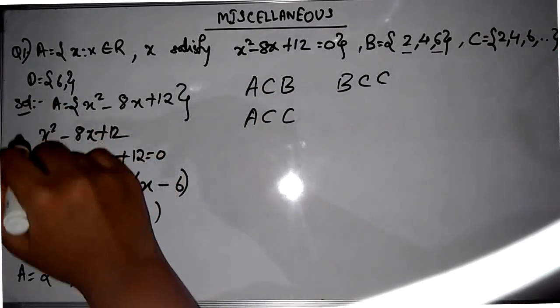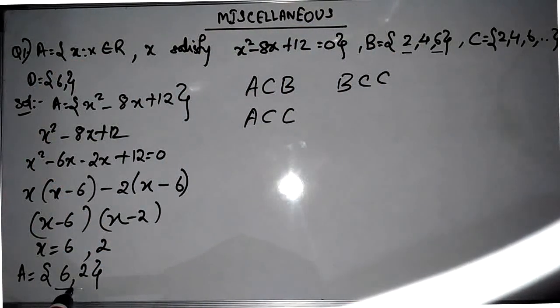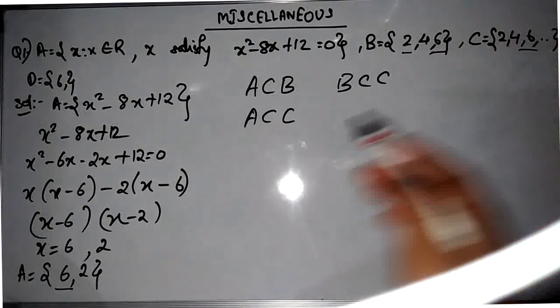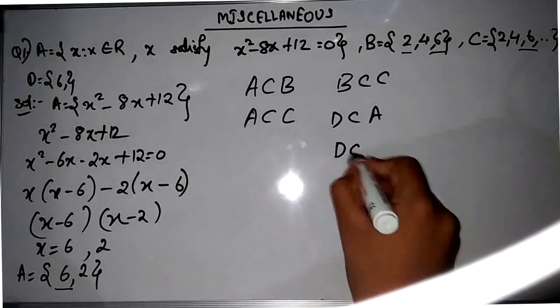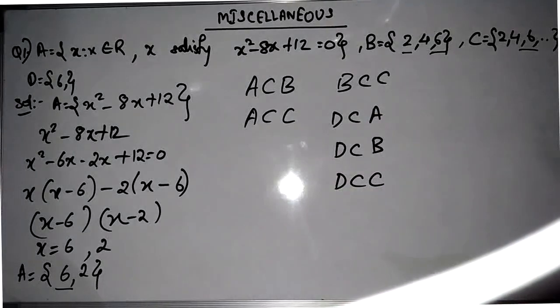A subset means a smaller part, where only some elements are present. Then D has only one element, 6. Now check where 6 is present. It is present in A, in B, and in C. So D is a subset of A, B and C. With this we completed the first question.